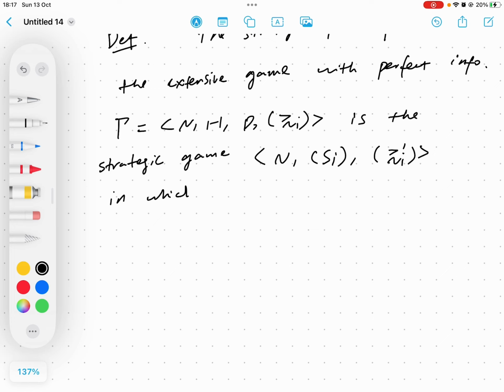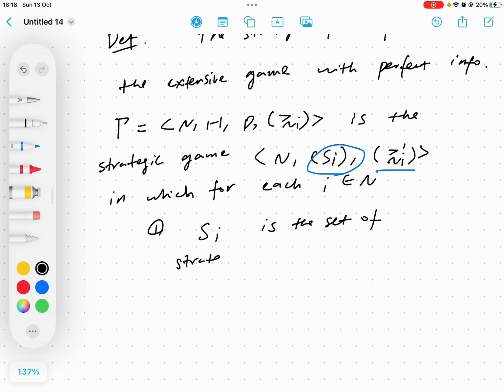Where for each player i, we have first, S i is, recall that this should be the action set that we saw previously in the strategic game, and this is the preference relation in the strategic game, right? So S i should be the set of strategies of player i in gamma, okay?